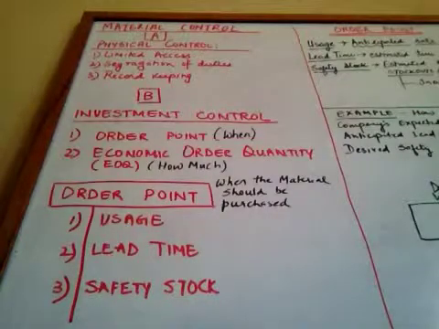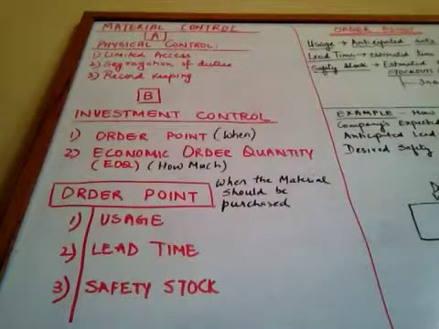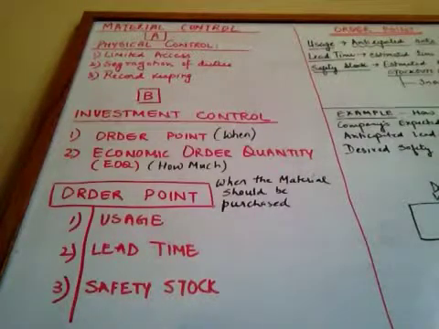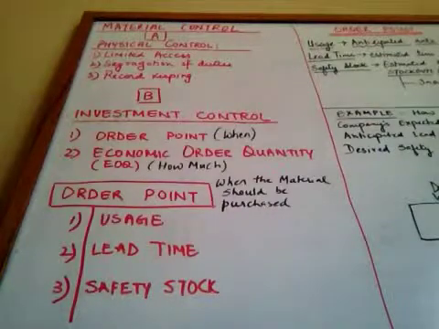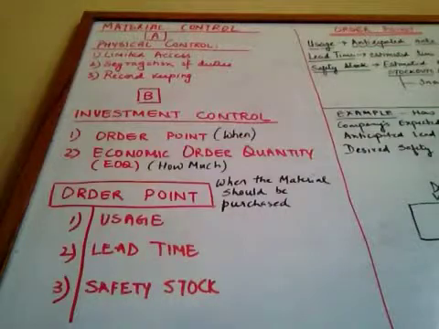It is very important for a company to know when to order the material, and the other question is how much to order. In today's discussion, I'm going to emphasize the when to order part, and in the next class we're going to discuss economic order quantity, EOQ.